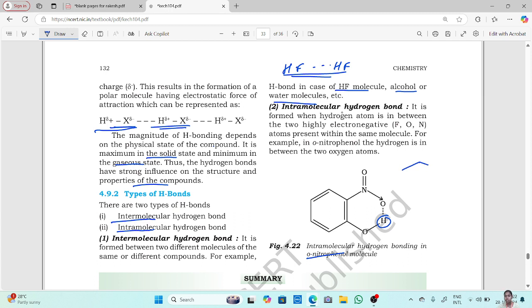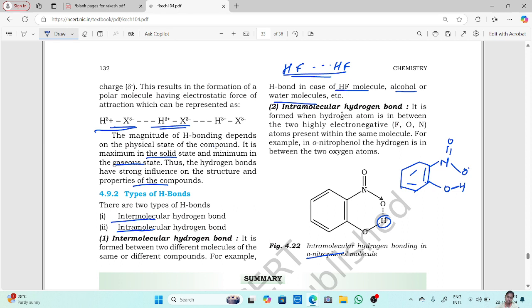Initially the molecule was like this. There was no bond between this hydrogen and this oxygen. But since this oxygen is highly electronegative, and this oxygen is also highly electronegative, what will happen?